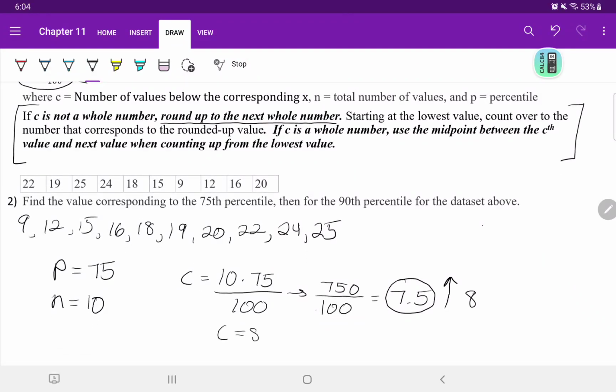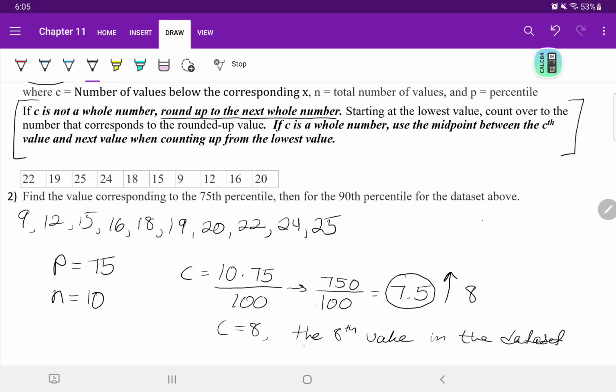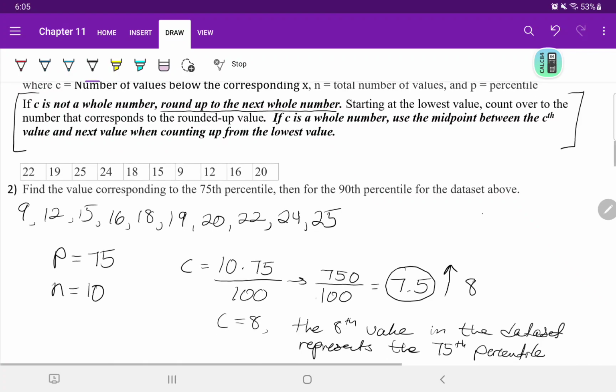C equals 8, which means the 8th value in the data set represents the 75th percentile.